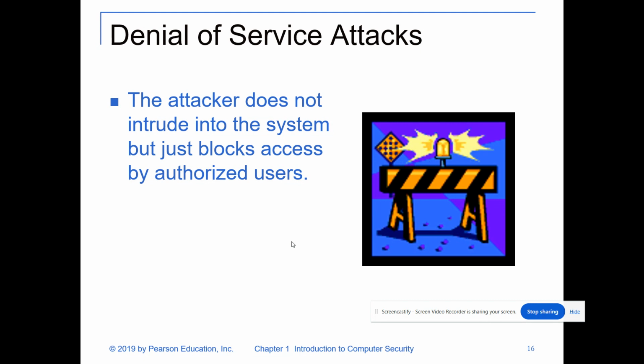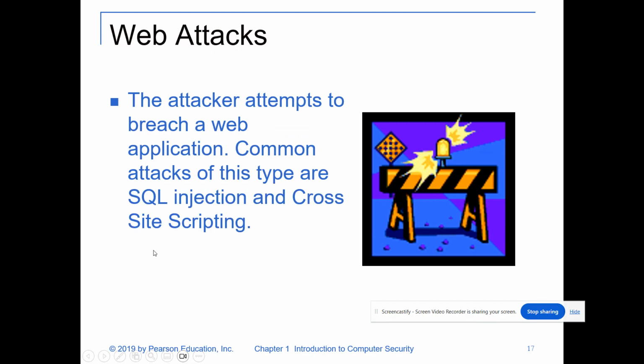It keeps you from transferring the money from your business line of credit to your business account to pay for the tickets, causing your account to be overdrawn. The attacker does not actually, again, intrude the system, but just continues to attempt to block authorized users.